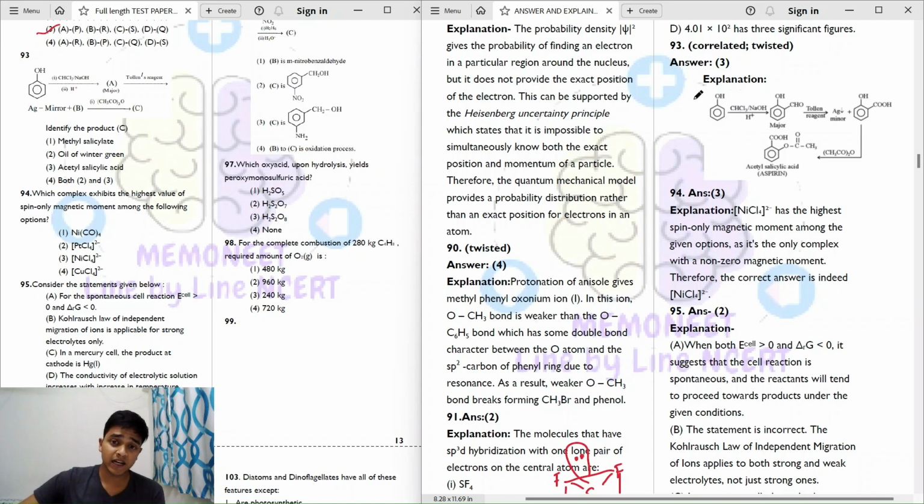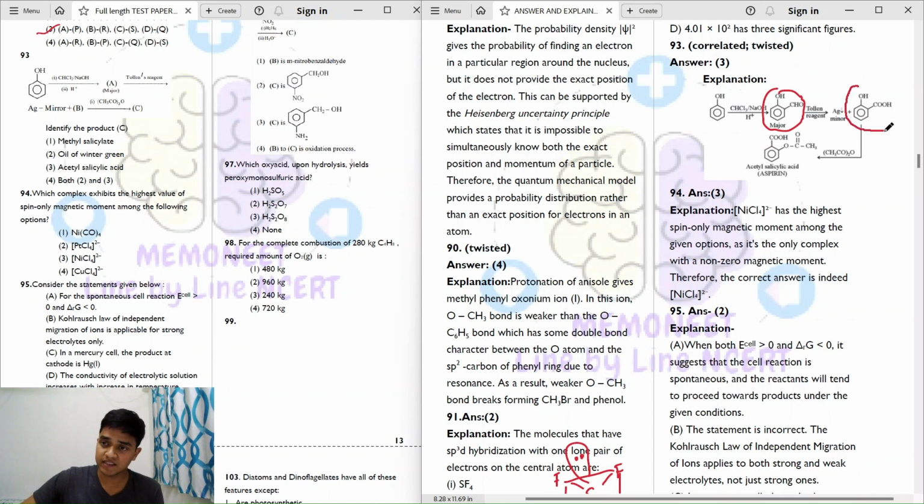When we react phenol with chloroform and NaOH, this is the mechanism for the preparation of salicylaldehyde, and it will be obtained as the major product. When an aldehyde reacts with Tollens reagent, the aldehyde is oxidized to a carboxylic acid.